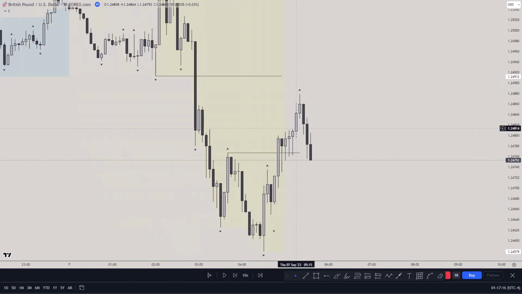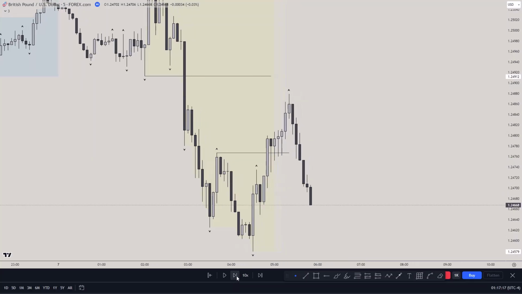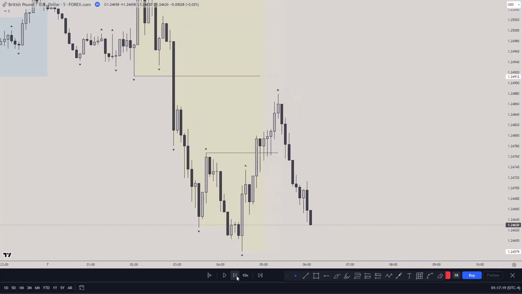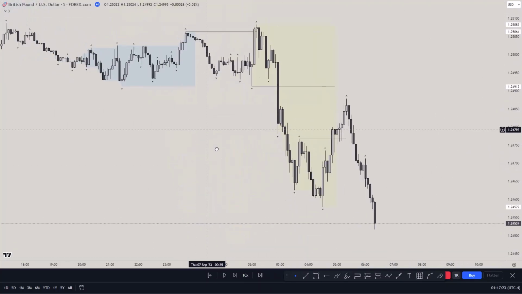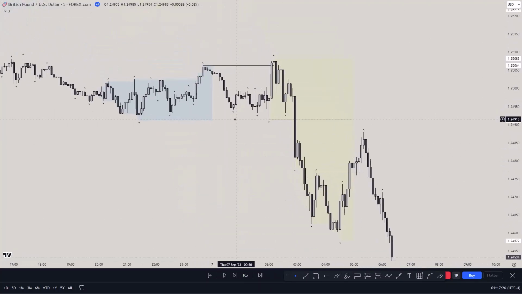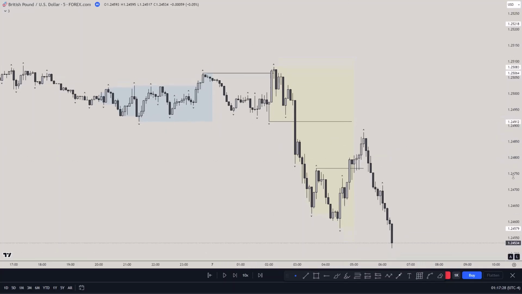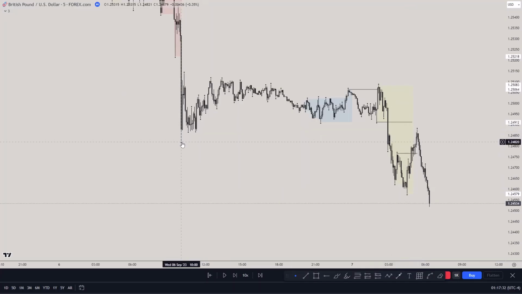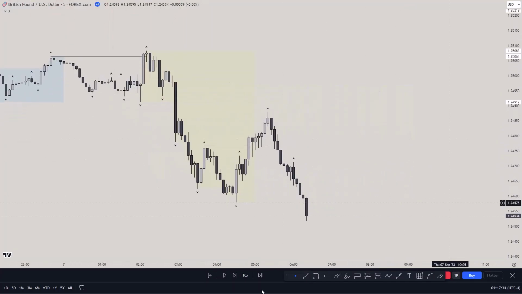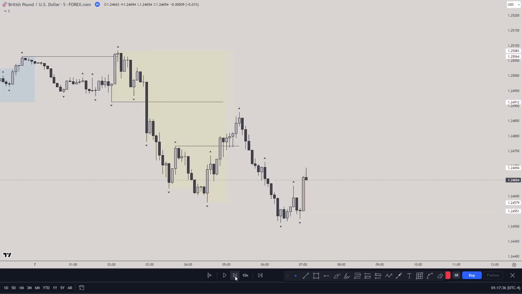Let's see it react from here. Okay, so what do we see here? Price actually reacted from here, and we didn't have an entry. Okay, so let's keep moving.